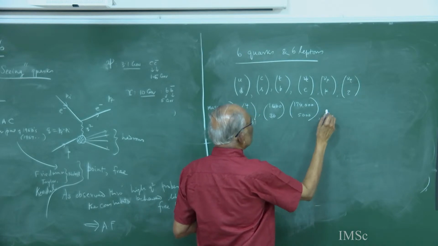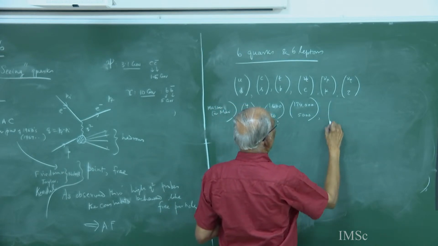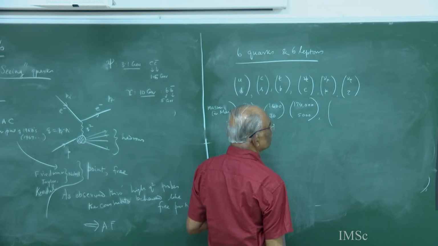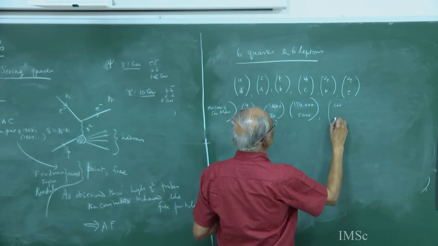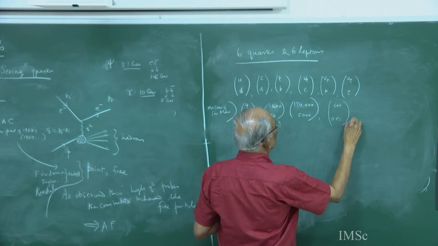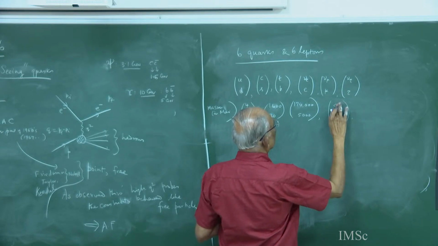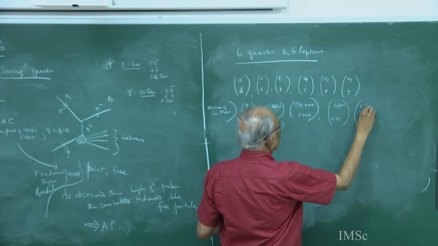And here nu e, so the nu e mass is very small. We will discuss it separately. Less than 1 electron volt. Electron is 0.51 MeV, and nu mu is also less than 1 MeV.